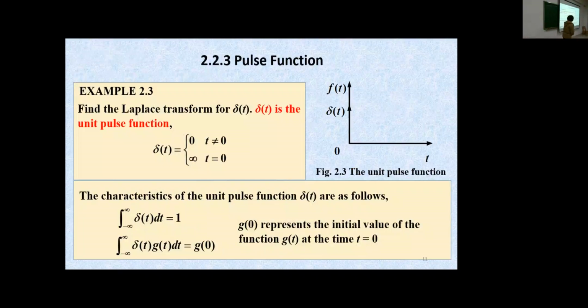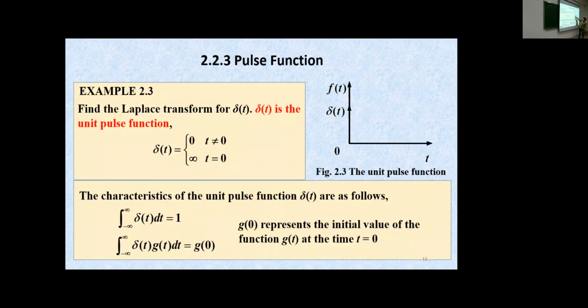Okay, let's come to the third function, the pulse function. What is a pulse function? So see the figure here. When t is not 0, the value of the pulse function is 0. Otherwise, the value is what? Infinity. That is to say, from this domain or this domain, the pulse function equals 0.